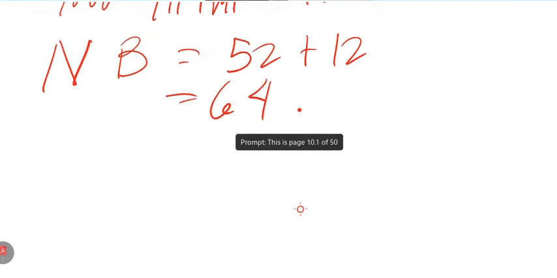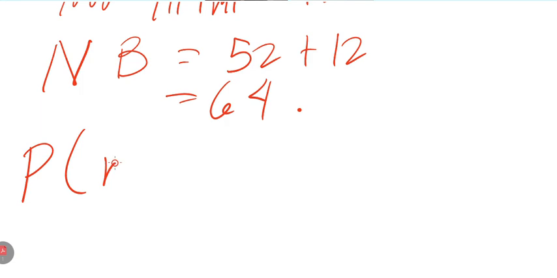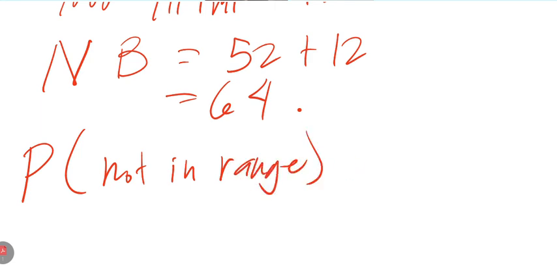The probability of not being in range has 64 favorable outcomes, and the total outcomes is 240.